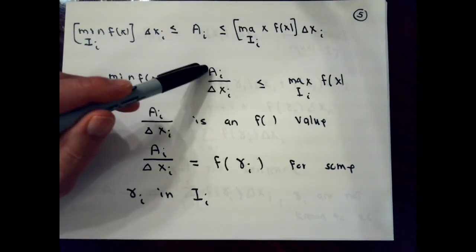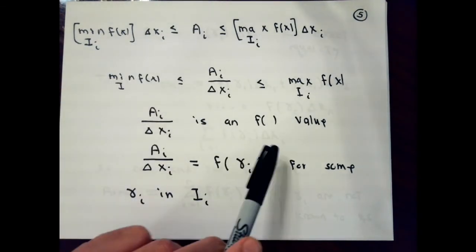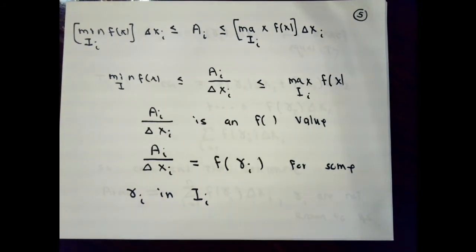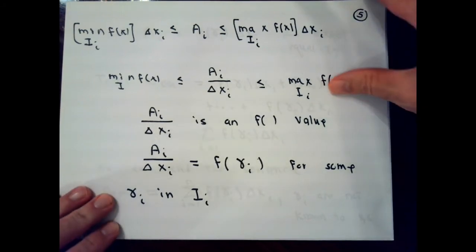So this tells me that a_i over delta xi is a value of the f function for some x within subinterval number I. So I'm going to call that x number gamma number I. A number I over delta x number I is f evaluated at gamma number I for some gamma, gamma I, within subinterval number I. This is the end of that sentence, or equivalent to it.